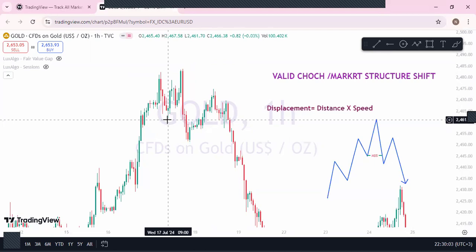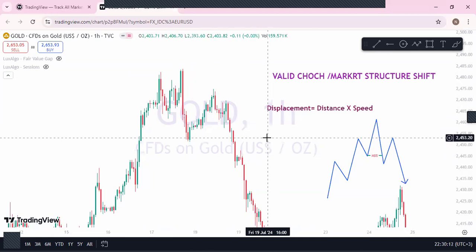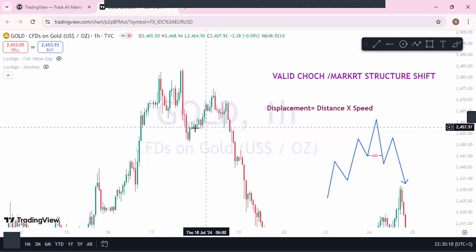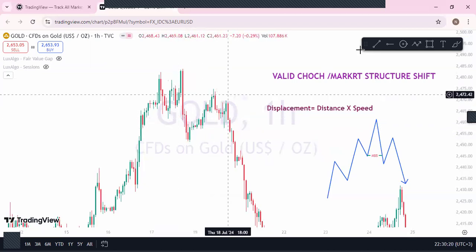So take note that a very high momentum candlestick forms a very good change of character. That is what we call displacement. A candlestick with a lot of momentum gives us a very strong change of character, and the direction can change.